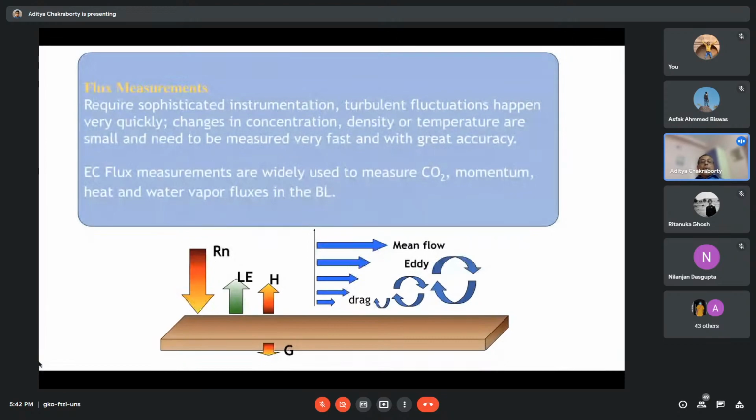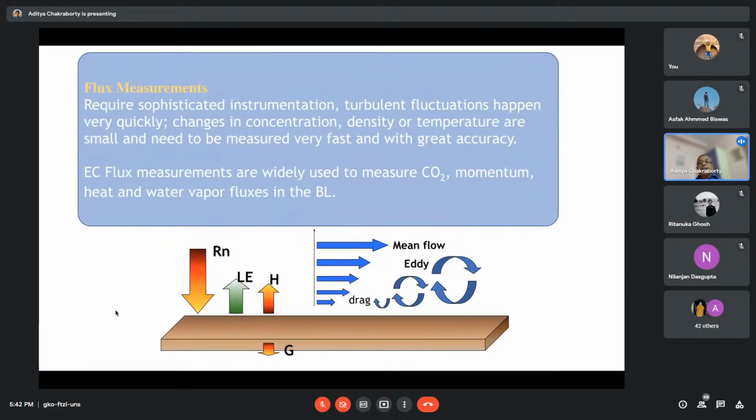So in general, if we subtract G from Rn, Rn minus G should ideally be equal to LE plus H. That gives you a very simple energy balance equation, Rn minus G equals LE plus H.